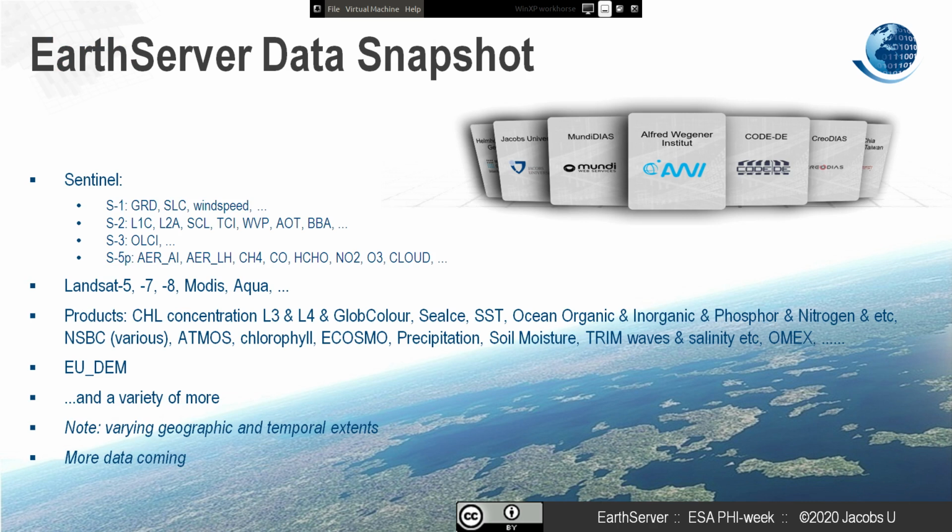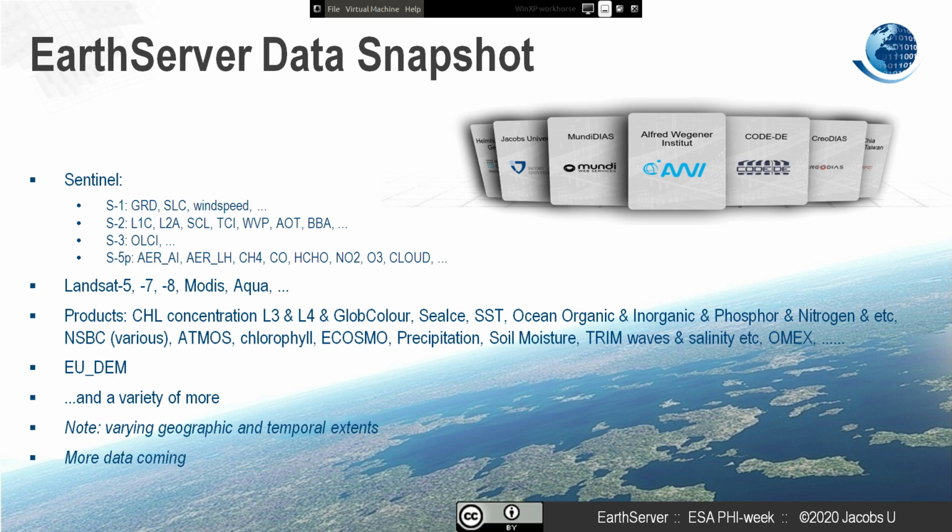So on EarthServer currently we have Sentinel data available, so all the Sentinel data from the DIAS archives. We have Landsat, Terra and Aqua. We have lots of products from sea ice, sea surface temperature, etc., to land, like soil moisture and precipitation.